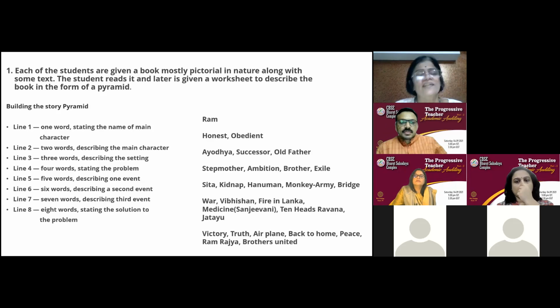Then line 6, 6 words describing a second event: war, Vibhishan, fire in Lanka. Then medicine, 10 heads, Ravana, Jatayu. Then the last one, 8 words stating the solution to the problem: victory, truth, airplane, back to home, peace, Ram Rajya, brothers united.